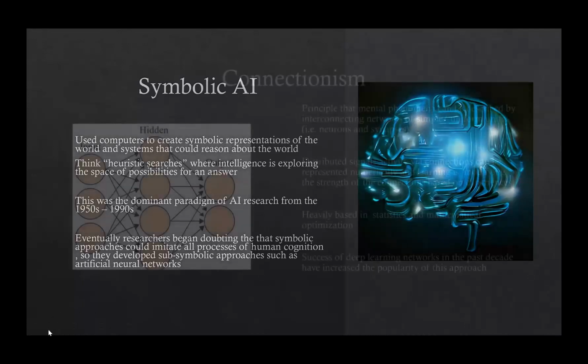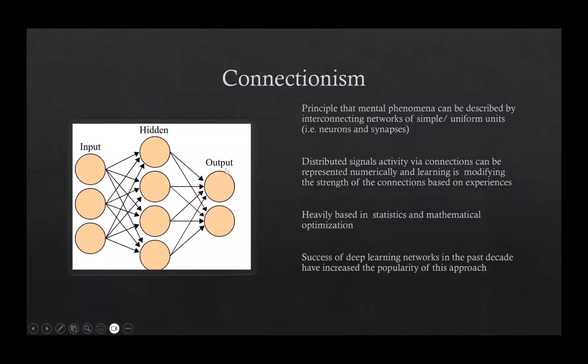The next school of thought of AI that began to develop a little bit later, but is now really taking off again because we now have the computing power to do it, is something called connectionism. And that's the principle that mental phenomena can be described by interconnecting networks of simple and uniform units.